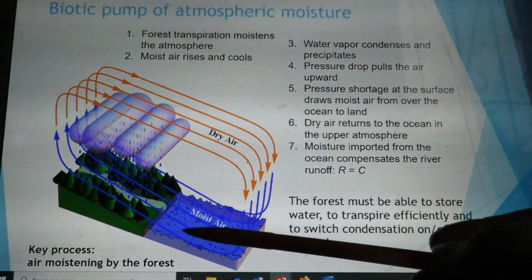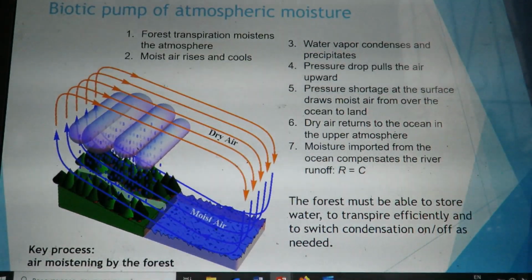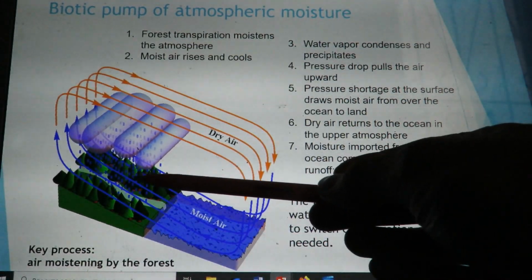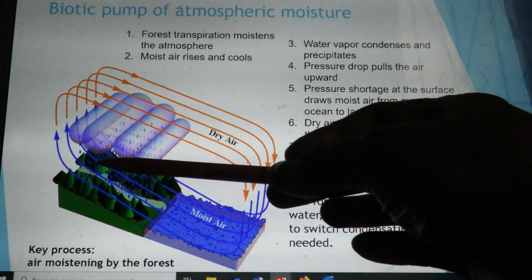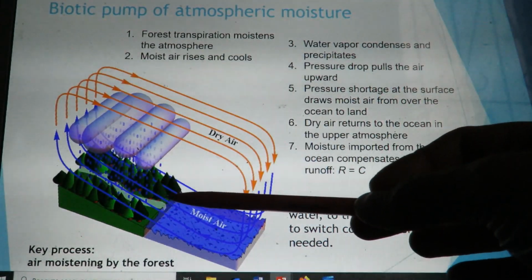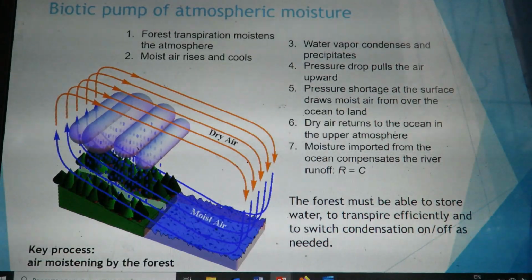And here, over the ocean, the air is enriched in water vapor, and this import of moisture compensates for the continuous loss of liquid water back to the ocean.